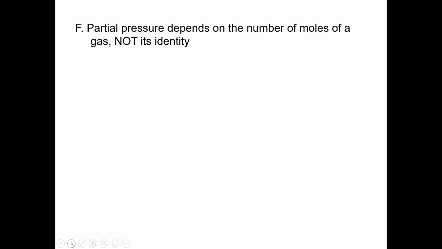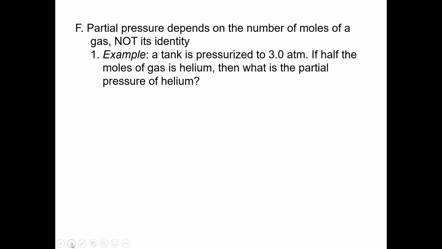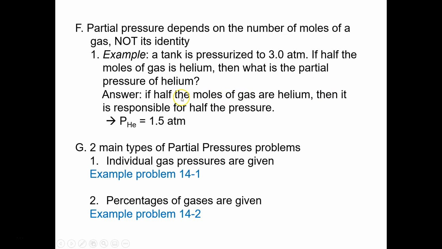The important thing for you to remember or understand is that partial pressure depends on the number of moles of a gas and not its identity. So for example, if you have a tank and the pressure is 3 atmospheres, and half the moles in that tank are helium, then what is the partial pressure of helium? The answer is that if half the moles of the gas are helium, then it is responsible for half the pressure, because partial pressure depends only on the number of moles.